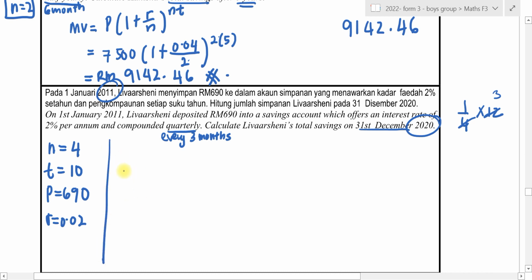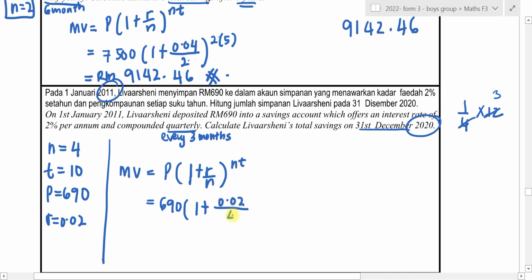Now we calculate MV equals P(1 + r/n)^(nt). Principal is 690. 1 plus r is 0.02 over n, which is 4, times t, and t is 10 years. How much is this, Aridev?